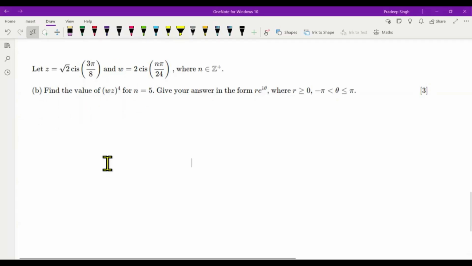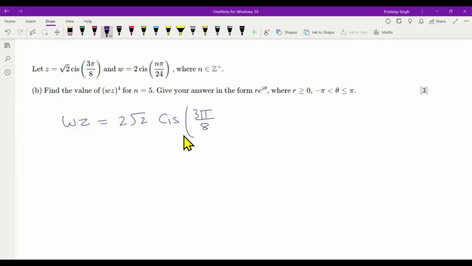What is your step one? First I multiplied the modulus. So w into z, you are finding 2 into root 2, then cis of 5 pi by 24.